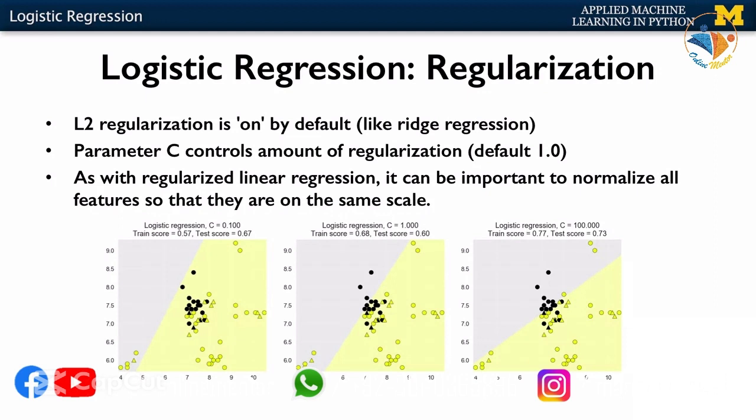Like ridge and lasso regression, a regularization penalty on the model coefficients can also be applied with logistic regression and is controlled with the parameter C. In fact, the same L2 regularization penalty used for ridge regression is turned on by default for logistic regression with a default value C equals 1.